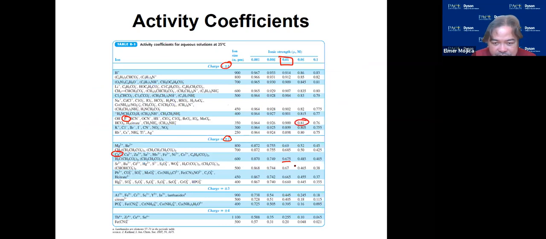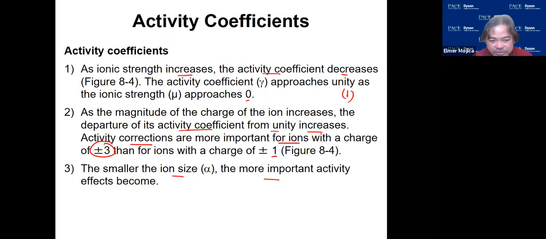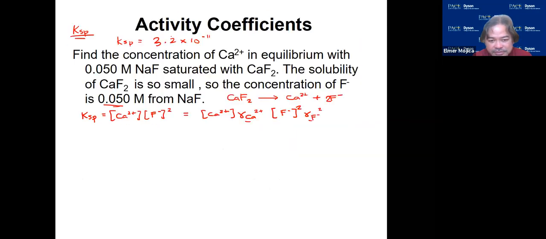I think you have this one and this one. 0.81 and 0.485. So if we're going to look at here, what else do we know? What value do we know here? 3.2 times 10 to the negative 11. We don't know the Ca2+, but we know this one, that's the 0.485.